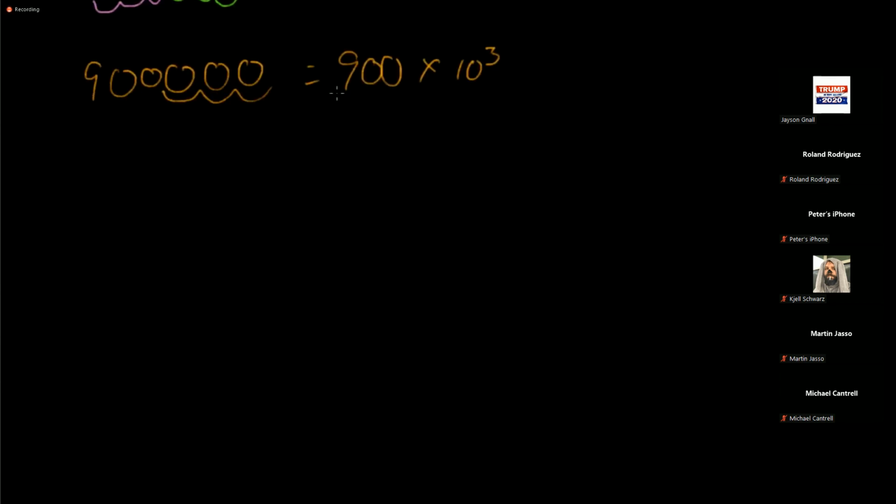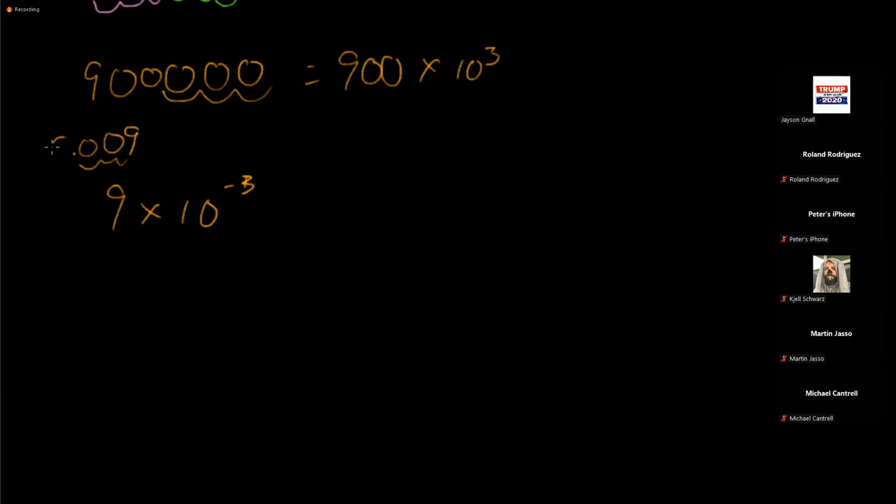So what we can do is take that 900, and maybe we have 9 times 10 to the negative 3. So what would that be? Well, that would be 9, and then we move our decimal to the left. 1, 2, 3. So it'd be 0.009.